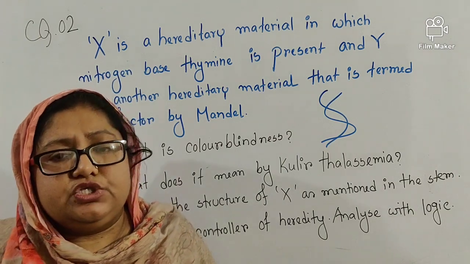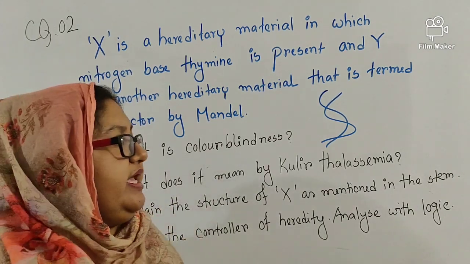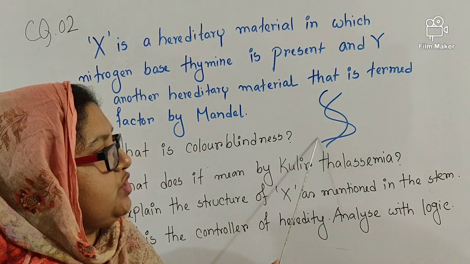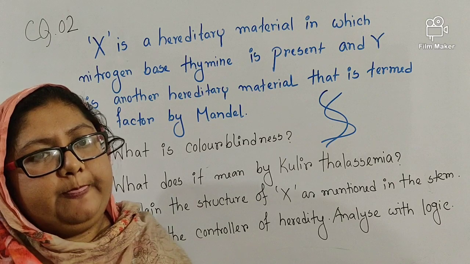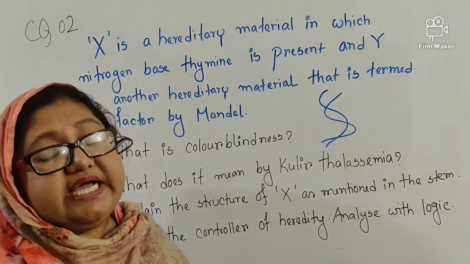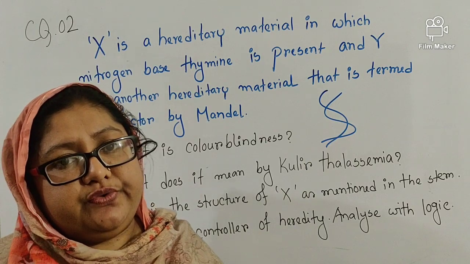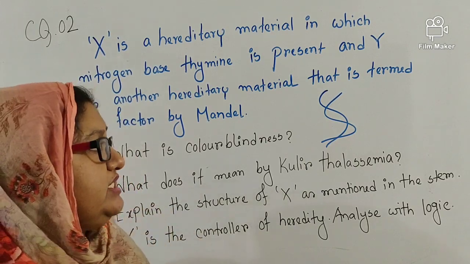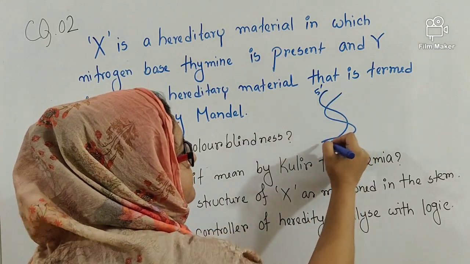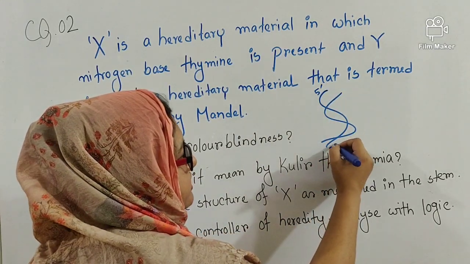Watson and Crick, these two scientists, explained the structure of DNA. Now, in DNA, these two strands are antiparallel to each other. That means if one strand starts from the 5' end, then it will end at the 3' end.